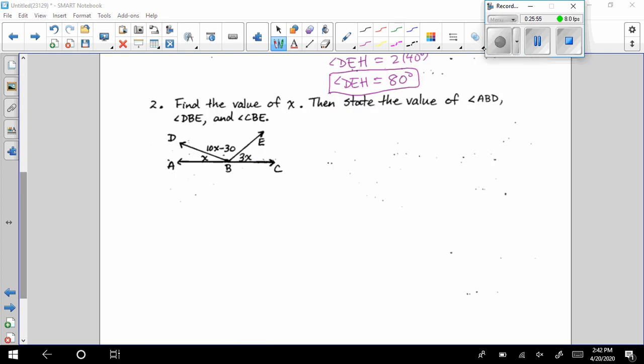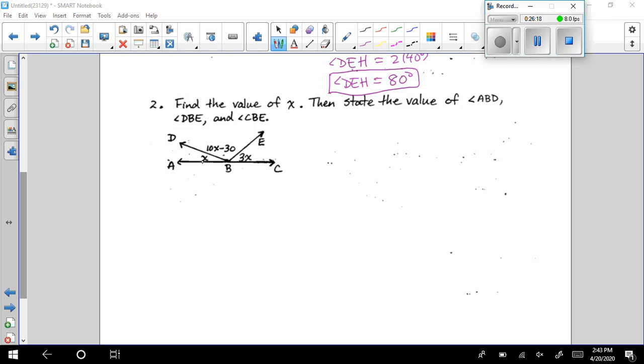Just one question to go. We're using the supplementary angle relationship again in this question because all three of these angles are part of this straight angle. So I know that they all add up to 180 degrees. We're asked to find the value of x and then state the value of each of these individual angles.